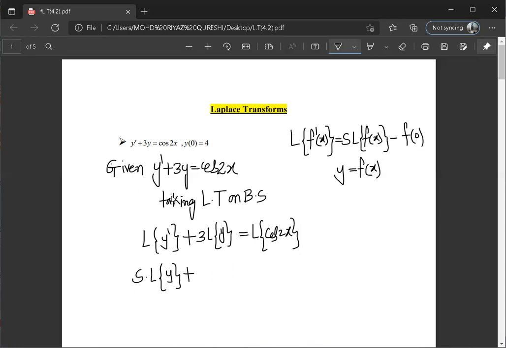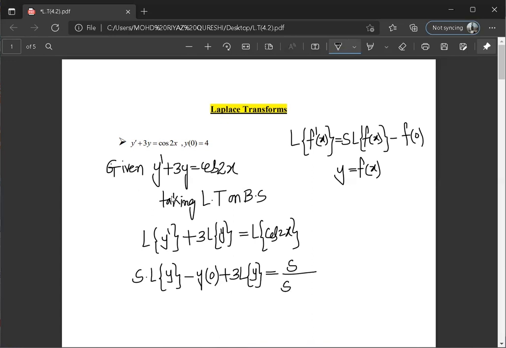Minus y of 0, plus 3 times L of y is equal to the Laplace of cos 2x. What is that formula?